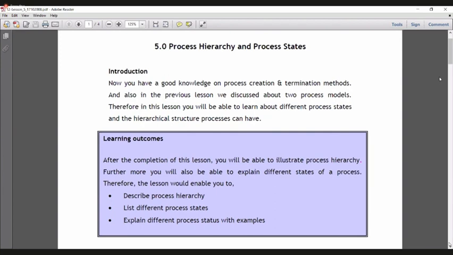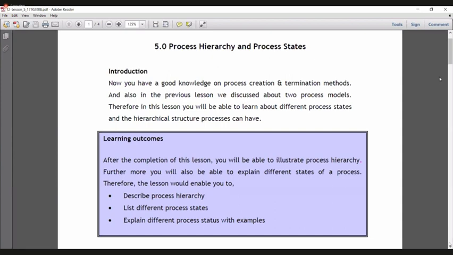After the completion of this lesson, we will be able to illustrate process hierarchy. Furthermore, you will also be able to explain different states of a process.